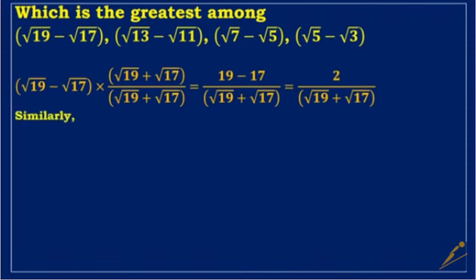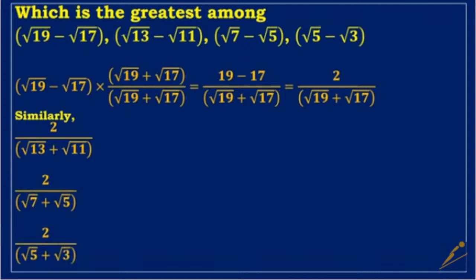Similarly, we can deduce the other numbers. The result of the second number is 2 divided by the square root of 13 plus the square root of 11. The third number is 2 divided by the square root of 7 plus the square root of 5. The fourth number is 2 divided by the square root of 5 plus the square root of 3.